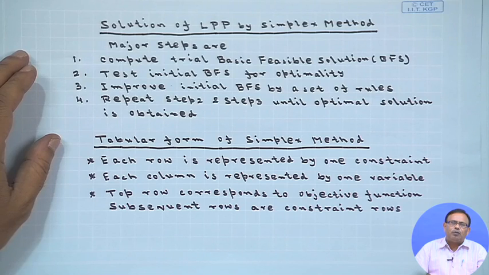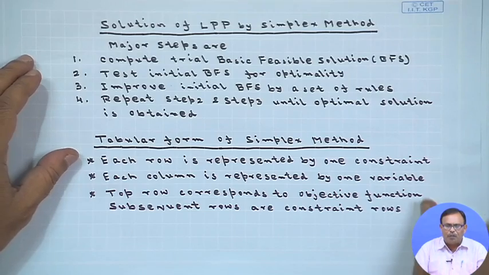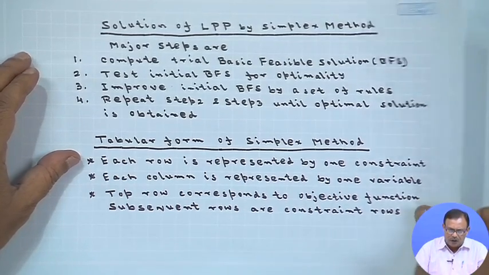So, basically we are giving the input in terms of a table, where the first row of the table corresponds to the objective function, and subsequent rows correspond to the constraints, and each column is represented by one variable. Let us see how it is being represented.